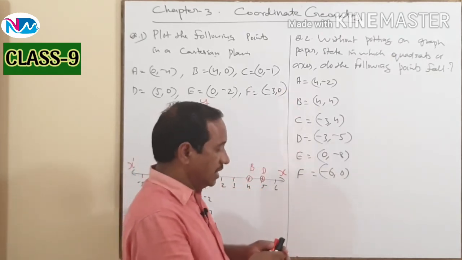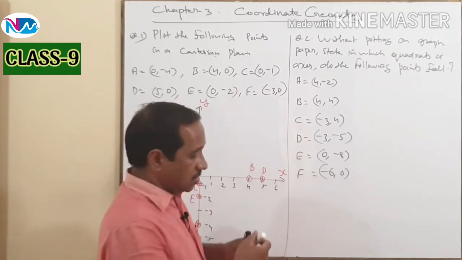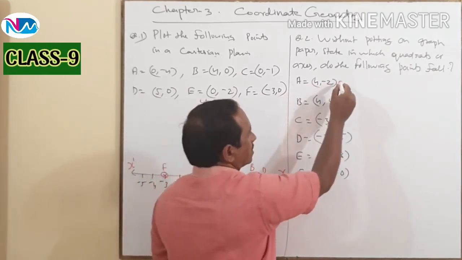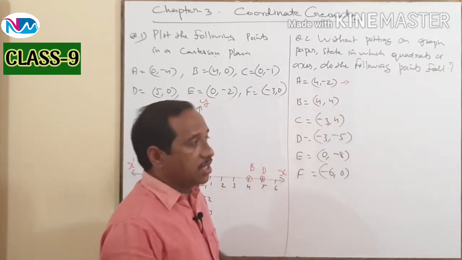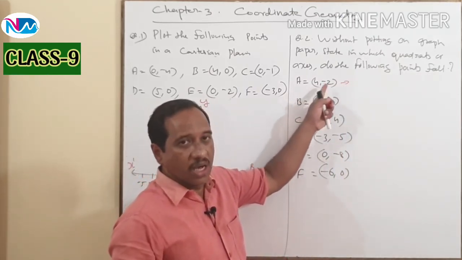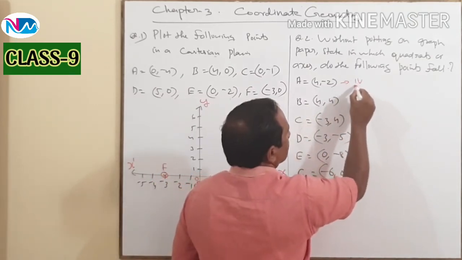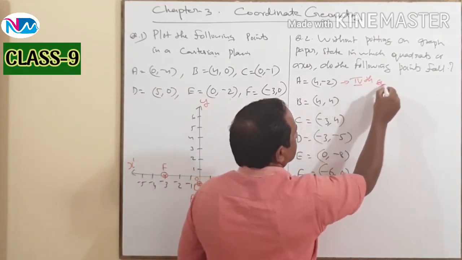The first point is A, whose x-coordinate is 4 and y-coordinate is -2. If x-coordinate is positive and y-coordinate is negative, that falls in the fourth quadrant.